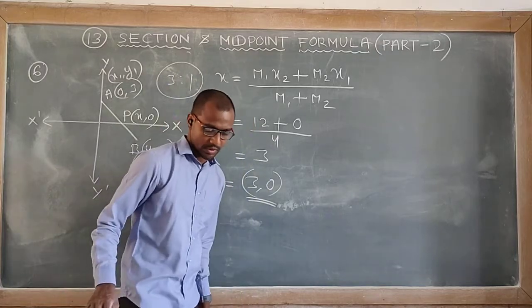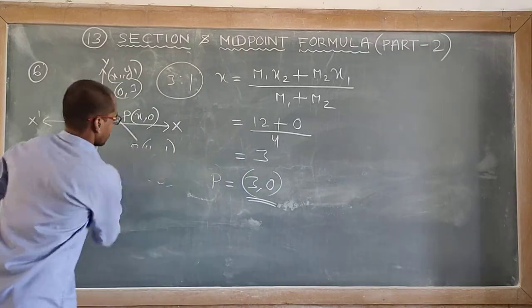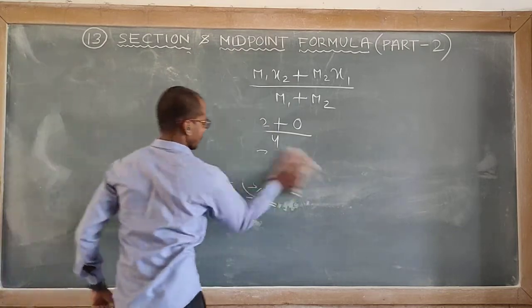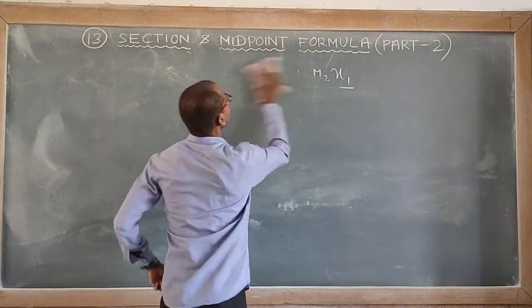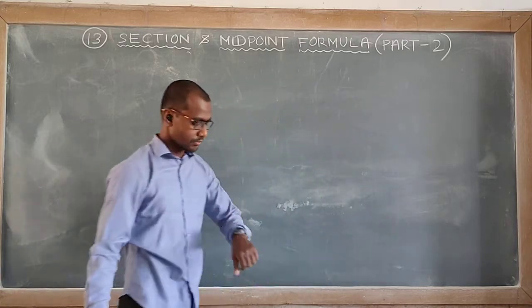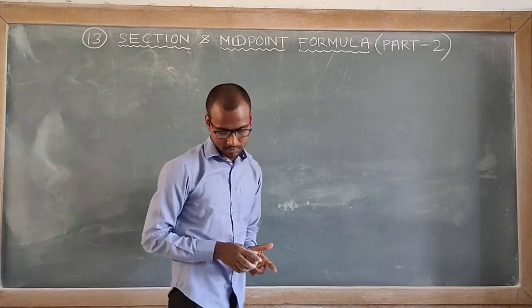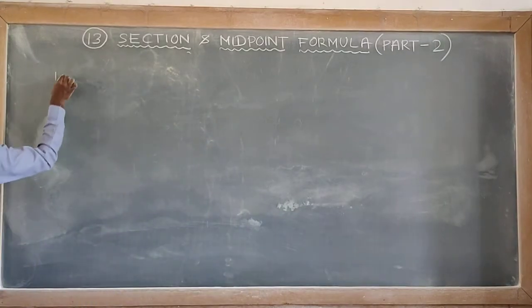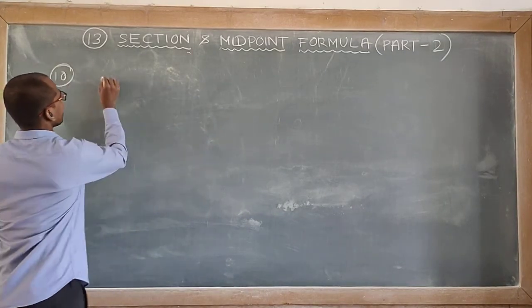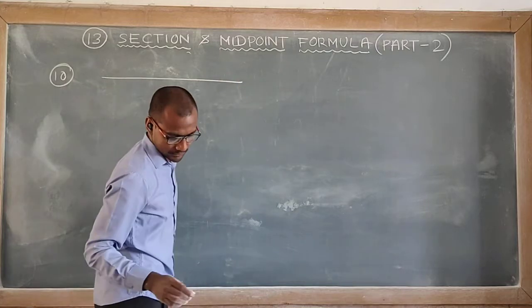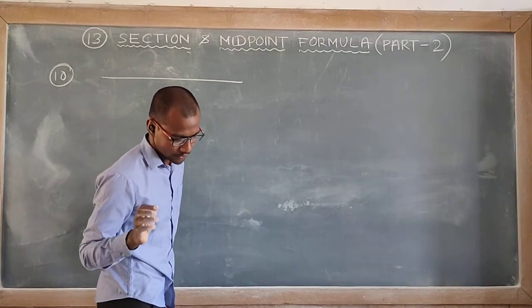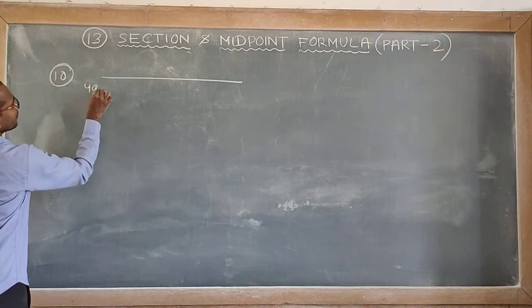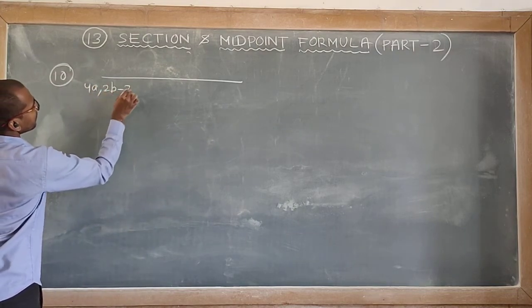Next, move to question number 10. The midpoint of the line segment joining (4a, 2b minus 3) and (minus 4, 3b).